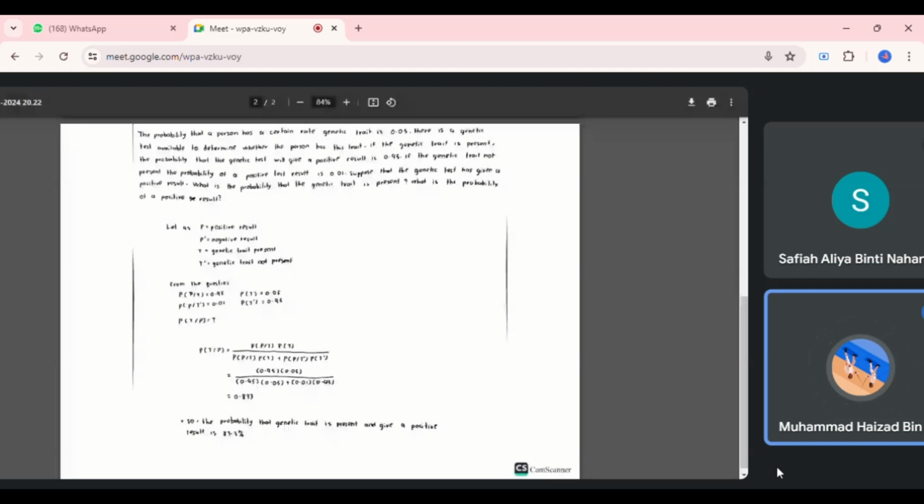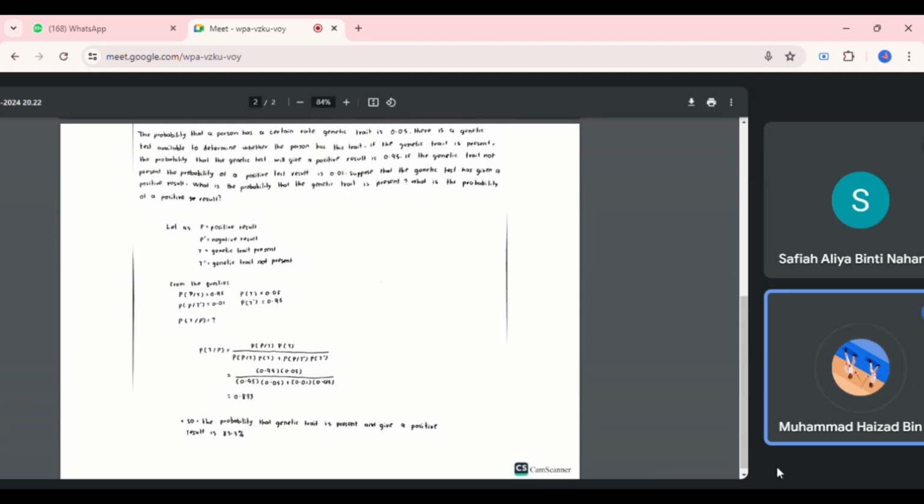If the genetic trait is not present, the probability of a positive test result is 0.01. Suppose that the genetic test has given a positive result. What is the probability that the genetic trait is present? What is the probability of the positive result?